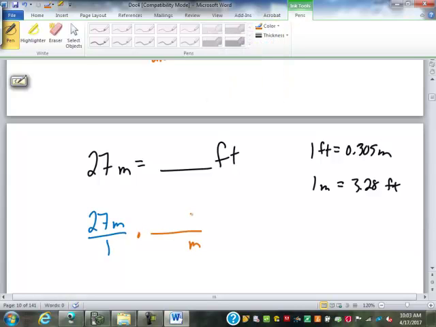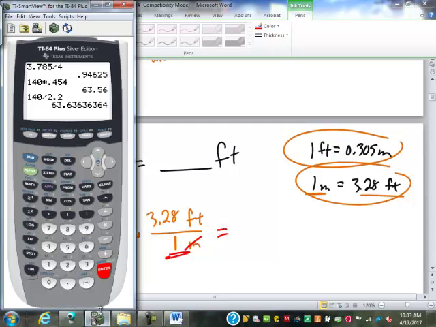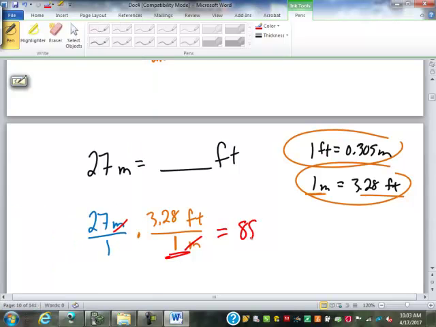I'm going to put meters on bottom so they cancel out, feet on top. Which one of these do I need? The 1 foot equals 0.305 or 1 meter equals 3.28? I need the 1 here with the meters. So I need 1 meter is 3.28 feet. Always choose the conversion factor that's going to put 1 in my denominator. So that'll be 27 times 3.28. 88.56 feet.